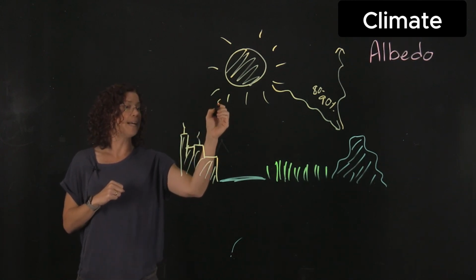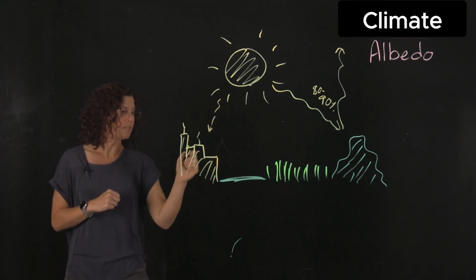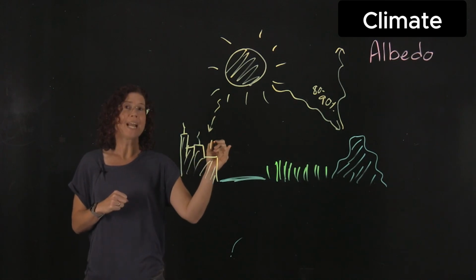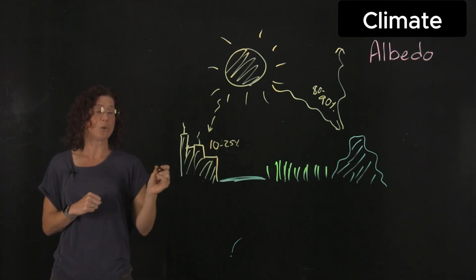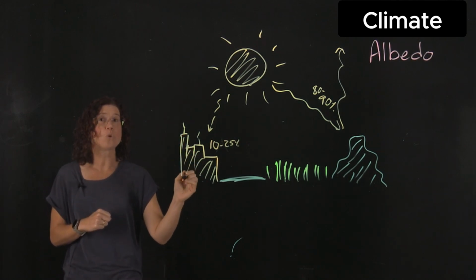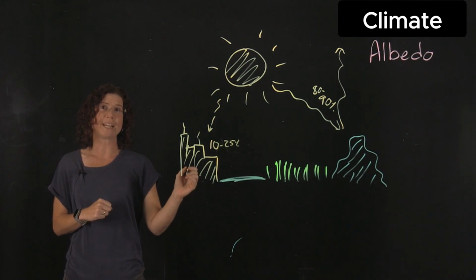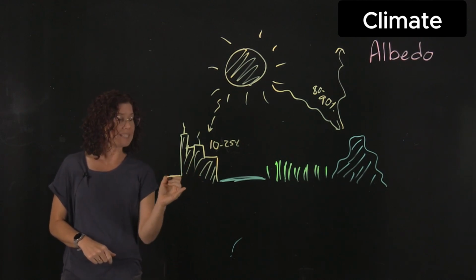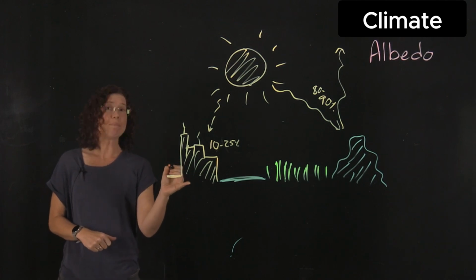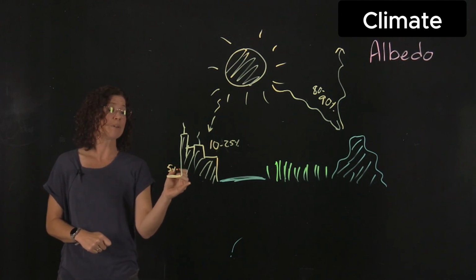Whereas at the lower end, our human-built environments, which is our cities here, might only have a 10 to 20% or 10 to 25% albedo, which means that they're absorbing a lot more of that solar radiation and capturing it close to the Earth. And of course, if you had a blacktop or asphalt surface, that might be as low as 5 to 10%.